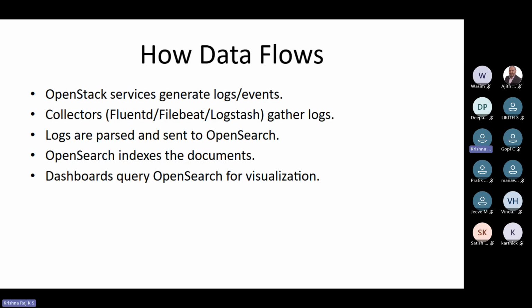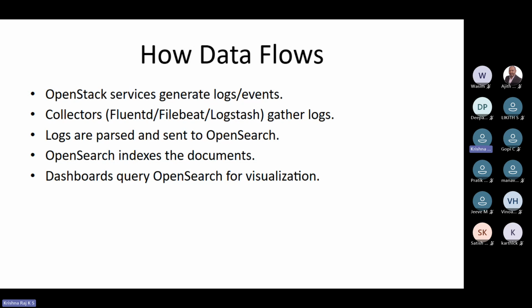Let me tell you how the data flows to OpenSearch from OpenStack. OpenSearch just displays the data created from the OpenStack side. We have to push the logs to OpenSearch. OpenSearch alone doesn't take the logs automatically.